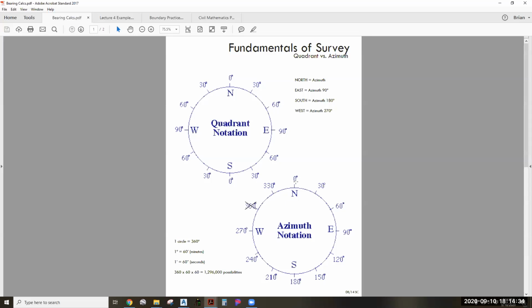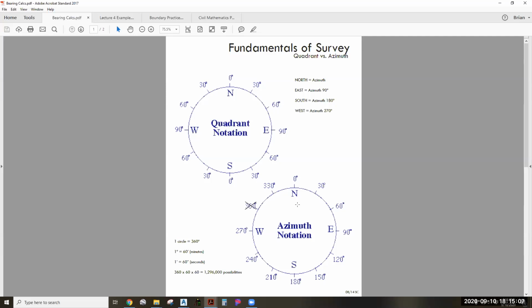The precision of our technology nowadays, we can divide each degree by 60 equal parts. A degree is an angle of rotation. Each degree can be divided into 60 equal parts, and those 60 equal parts are called minutes.